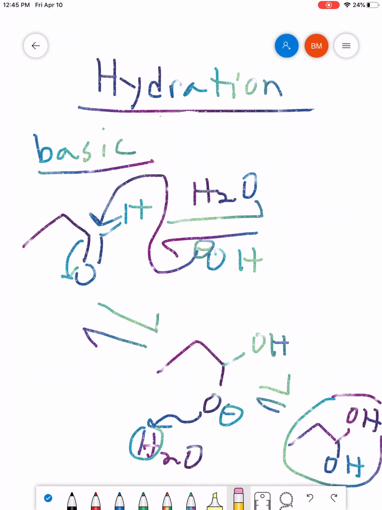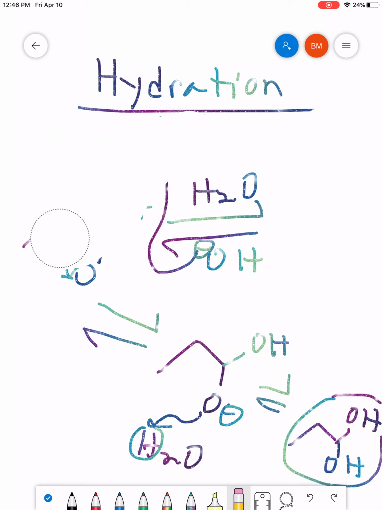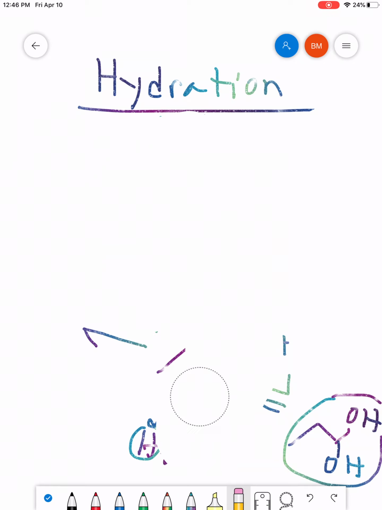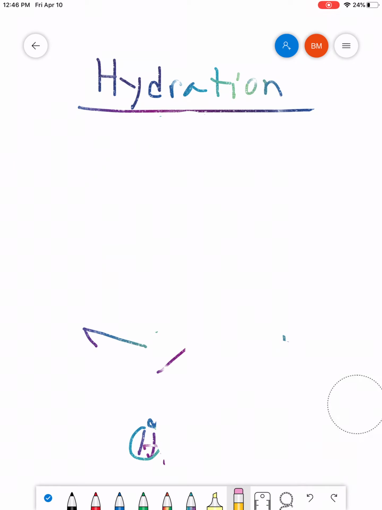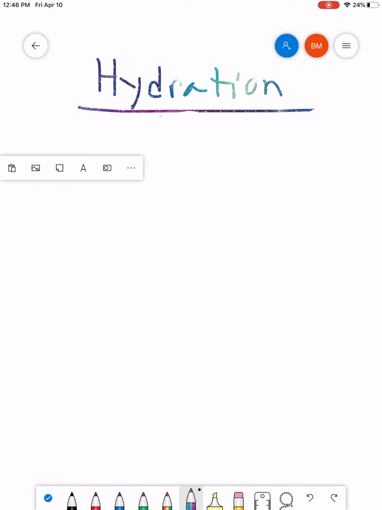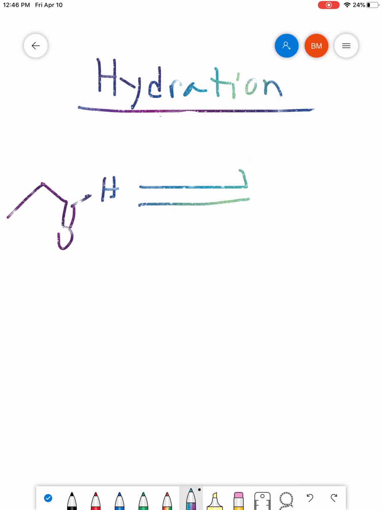Now the acidic process is a little bit more involved, but not much. It's still pretty simple. Let me show you how that one works. I want to work with the same aldehyde here. We're going to do this in acidic media, so water in acidic media forms H3O+.